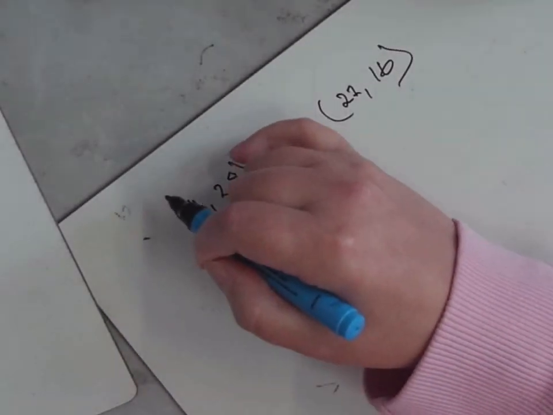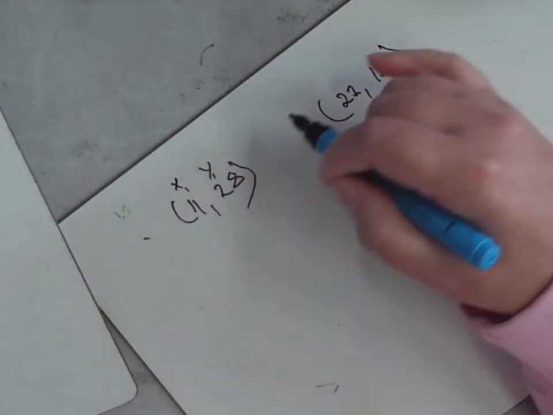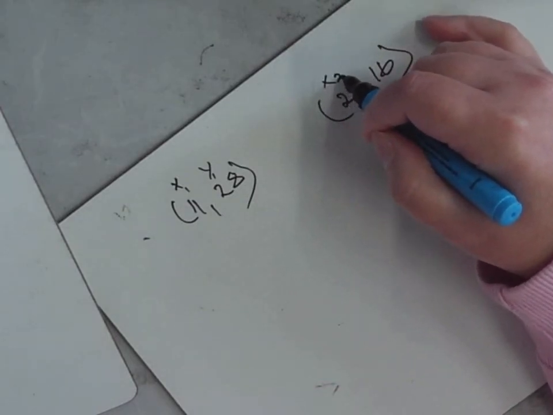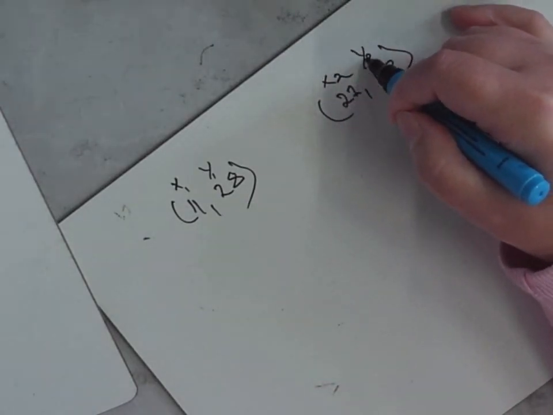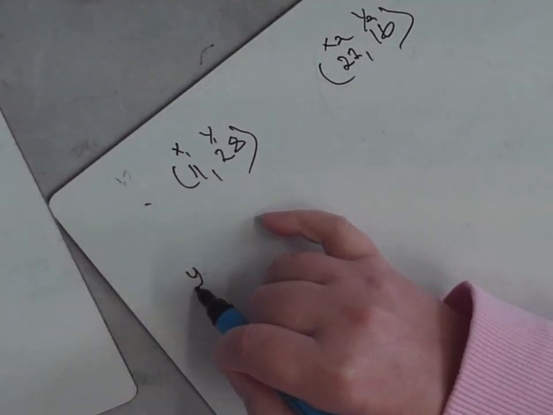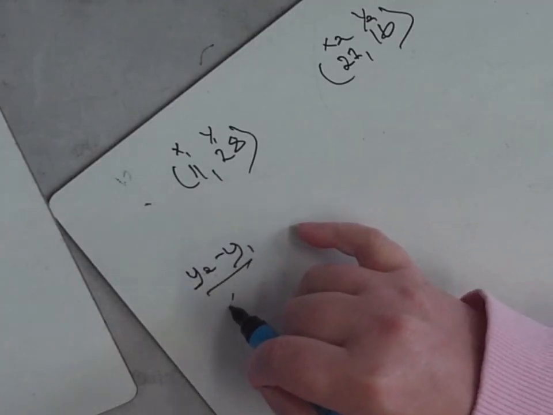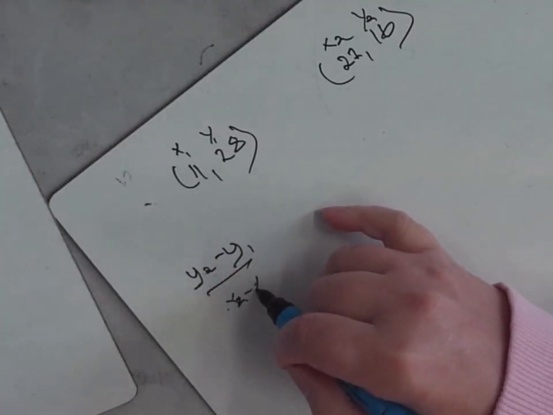Okay? So first off, to get the equation of a line, you need the slope. So x1, y1, x2, y2. We'll get a bit of revision of coordinate geometry of the line in here. To get the slope, it's y2 minus y1 all over x2 minus x1.